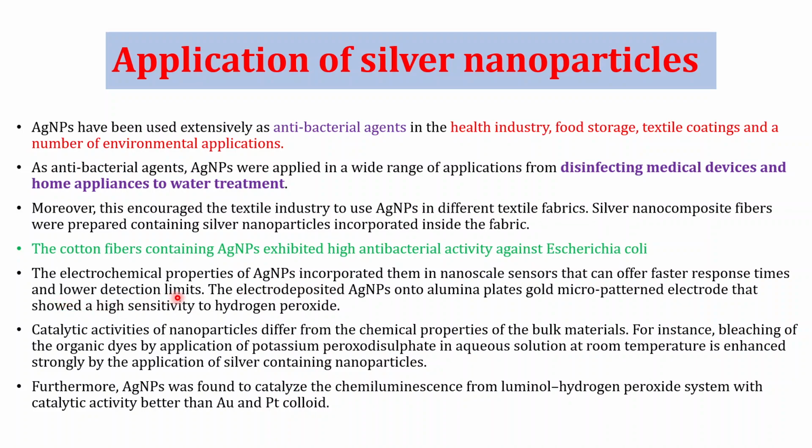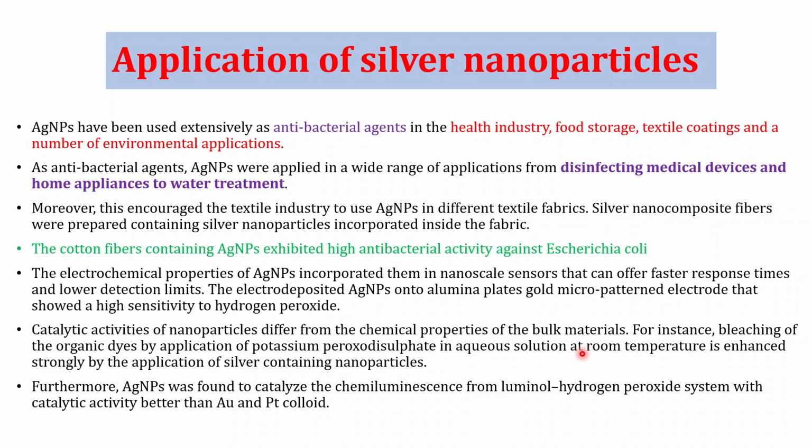The electrochemical properties of Ag nanoparticles incorporated with nanoscale sensors can offer fast response times and lower detection limits. Electrodeposited Ag nanoparticles onto aluminum plates and gold micro-patterned electrodes showed a high sensitivity to hydrogen peroxide. That is, we can detect hydrogen peroxide even at lower concentrations. The catalytic properties of nanoparticles differ from the chemical properties of the bulk.